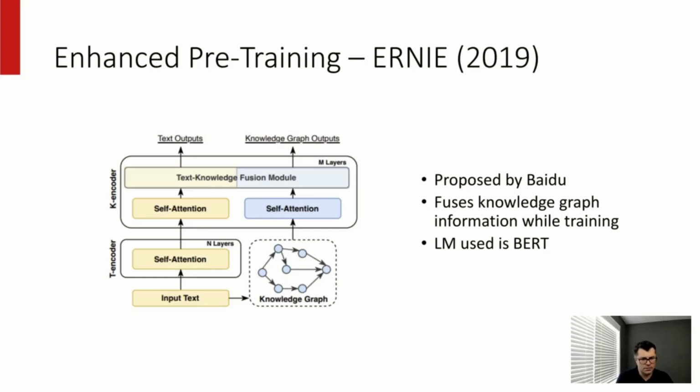There's Ernie 2.0 and Ernie 3.0, and they've created chatbots off of that and actually utilize these models in production. So that's one that actually is in use, even though it's not perfect, but it's better than just letting a large language model loose with no knowledge graph guardrails. Moving on.